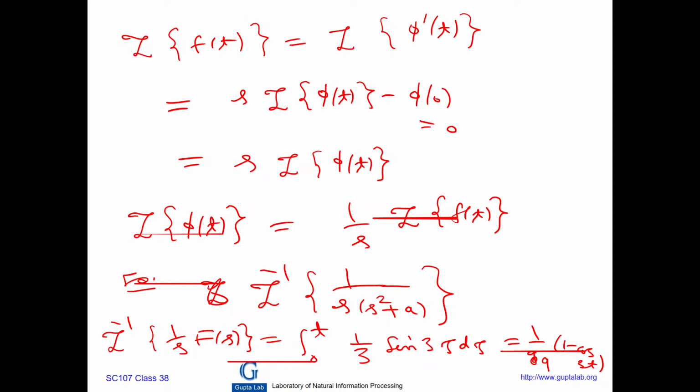Capital F of s is that expression, so the Laplace transformation of some f of t. And here I have used the fact that the Laplace transformation of sine 3t divided by 3 is 1 over s square plus 9. So a is 9 here, and I can use that fact to compute the value.